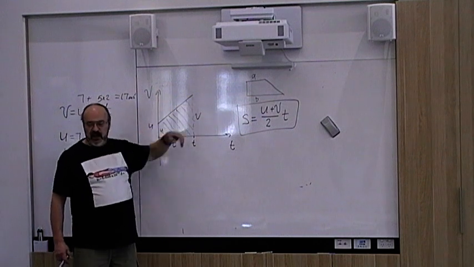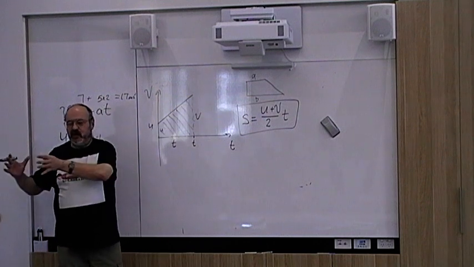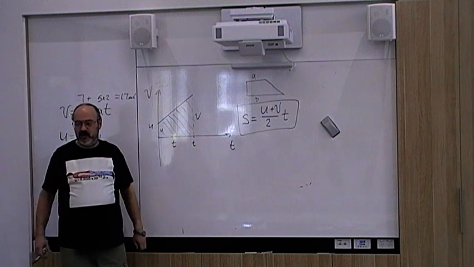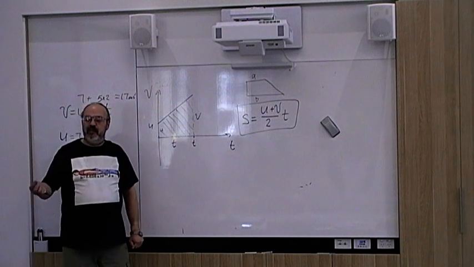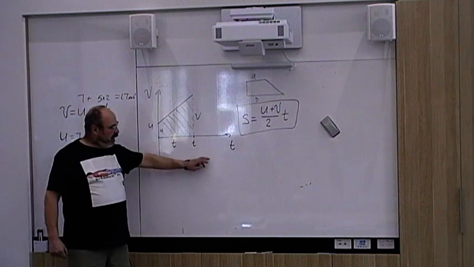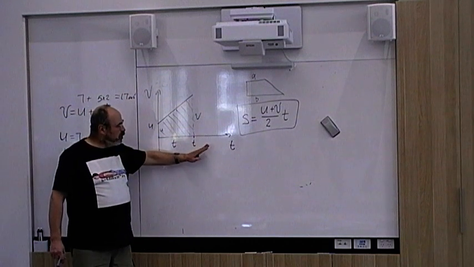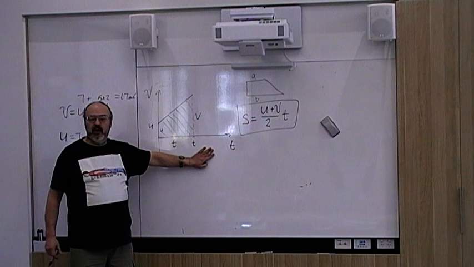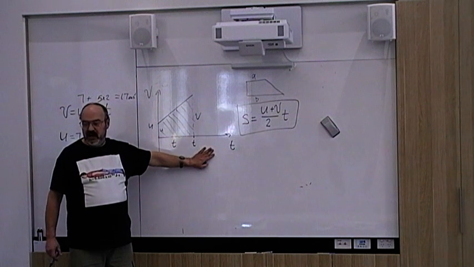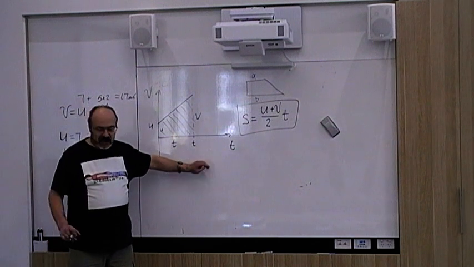We need to break it into parts and calculate the area of each part. If it will be moving backwards, then it will be below the time axis, and we will need to take care with the minus. We'll come to that.